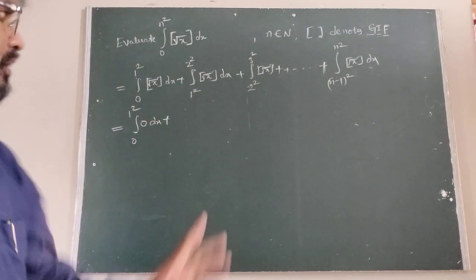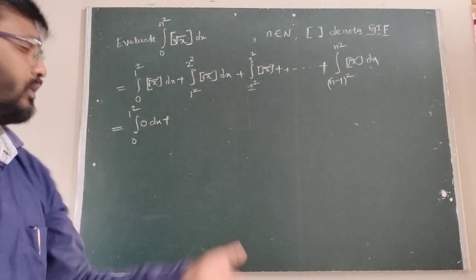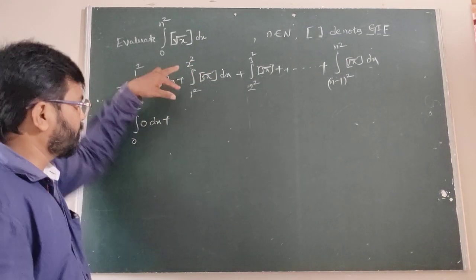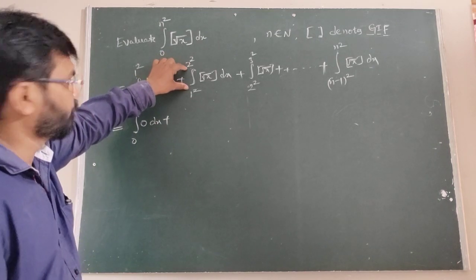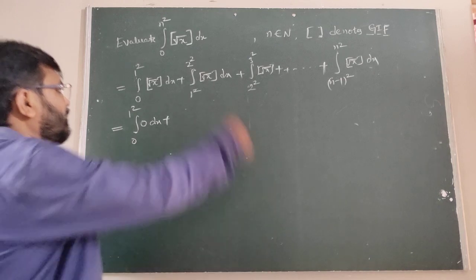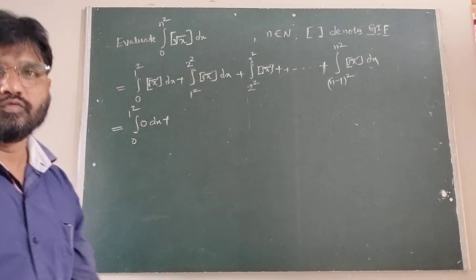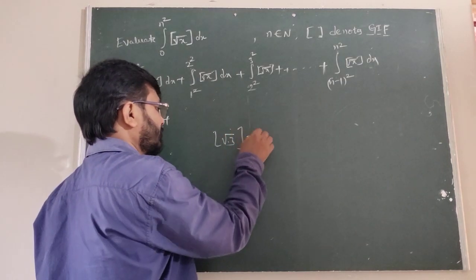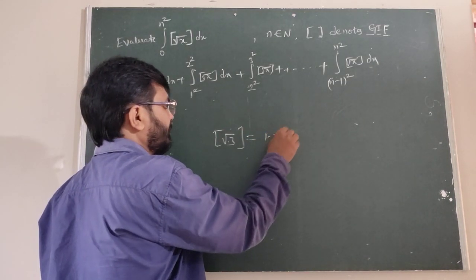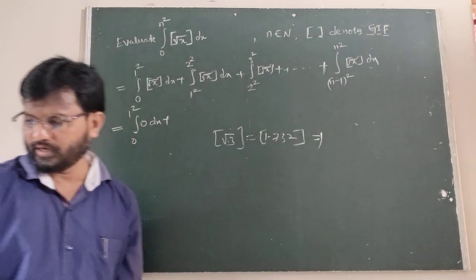Is it clear or not? When you substitute the upper limit, 2 square becomes 2 and the lower limit is 1 square, so we have to take any value between 1 square and 2 square. Suppose we take a value between 1 and 4, say 3. The root of 3 is 1.732, and its step is 1.